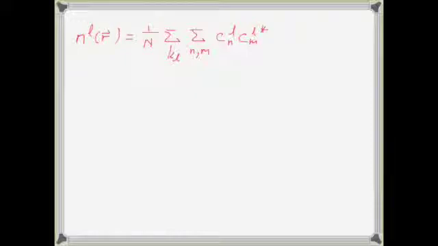So if I write out, NL of R is 1 over N sum over KL, sum NM, CNL CML star, phi M star, phi N, F of E KL minus mu left.